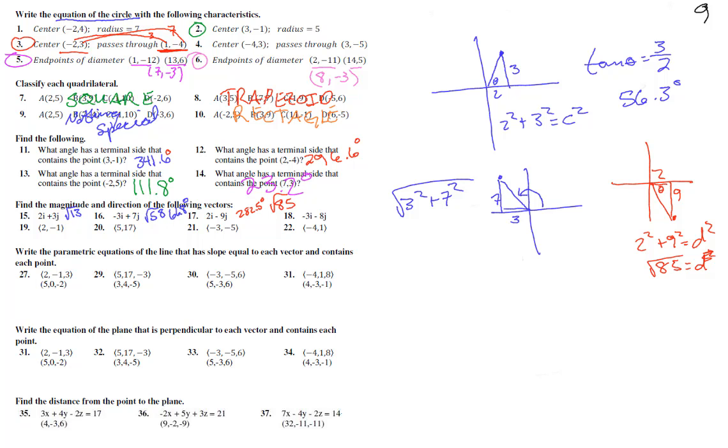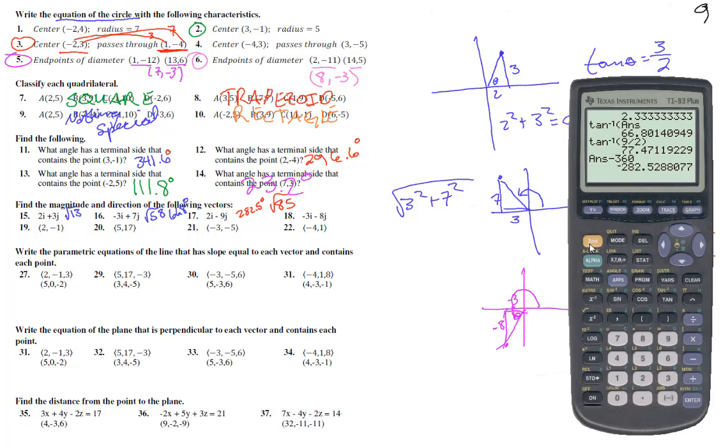So 4 plus 81, that's 85, square root of 85. So that's the magnitude of that vector. Number 18, we are at -3, -8. So if we look at this angle, when we get tangent of theta equals 8 over 3, we need to make sure that we are going 180 degrees, and then whatever number we get there is going to put us down in this quadrant. So tangent inverse of 8 over 3. 69.